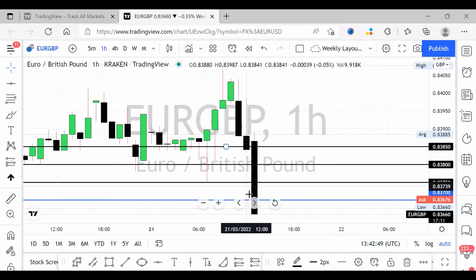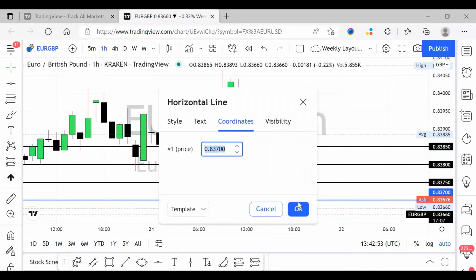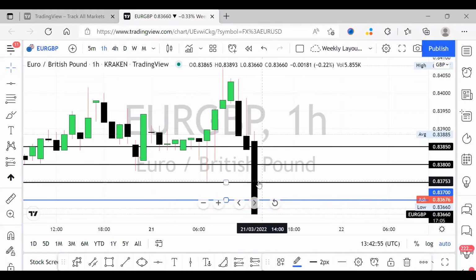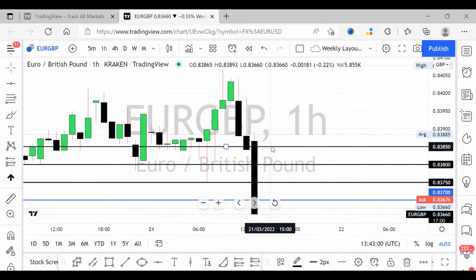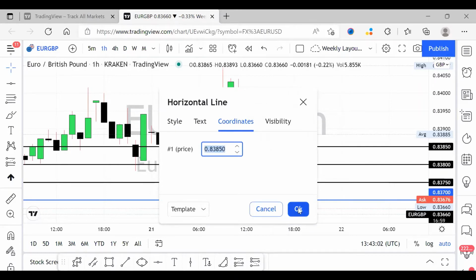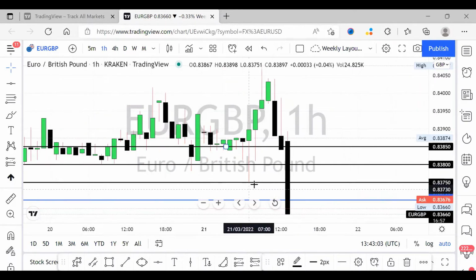We keep on doing that in increments of 50: 700, 750, 800, 850. Then you'll see how the price reacts from these zones.